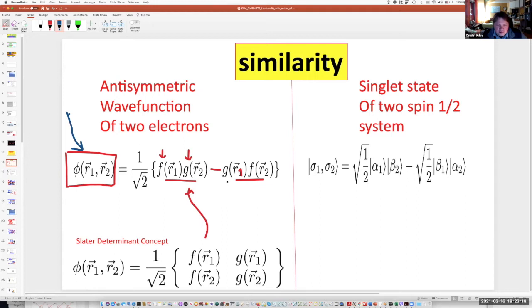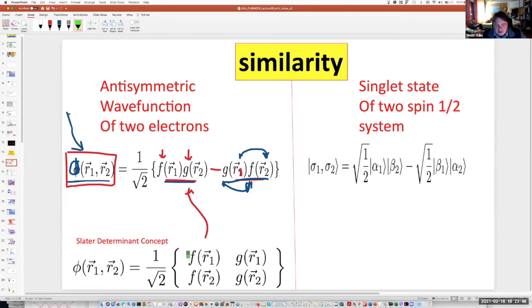If you make two types of this product where we swap the order of first and second electron, or we keep the order of electrons and swap the order of functions, then the combination of these two products is what is needed for the multi-electron wave function.